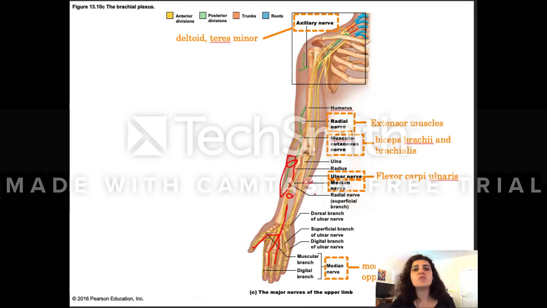You see, it's the most medial one, aligned with the ulna, and that nerve innervates the flexors of the hand, skin of the hand, and hand muscles related to flexing fingers. Okay, so muscles related to flexing hand and fingers. That's the ulnar nerve.